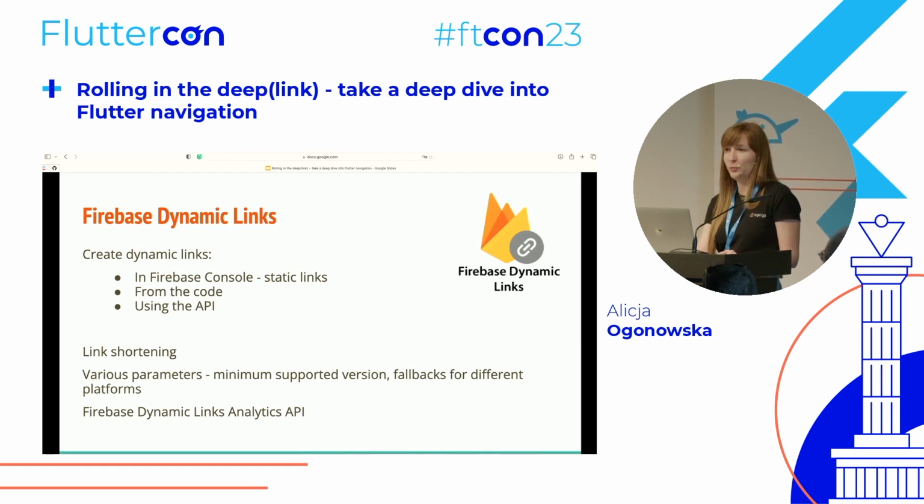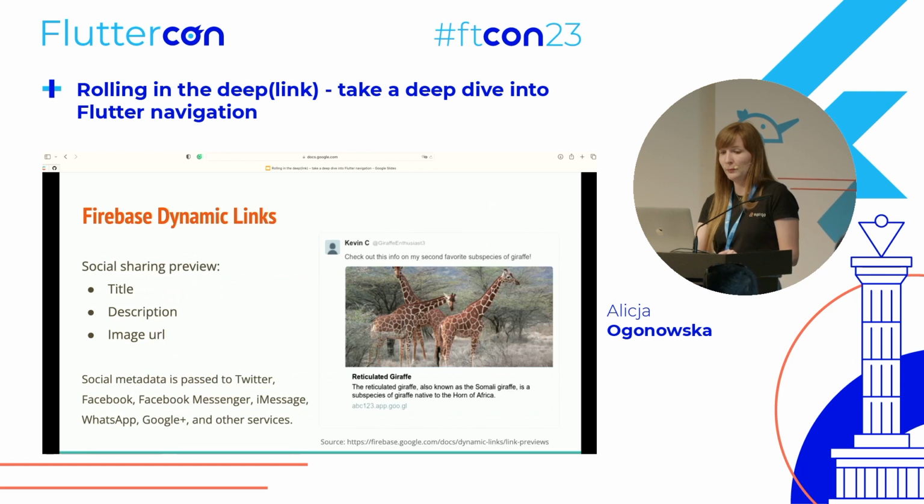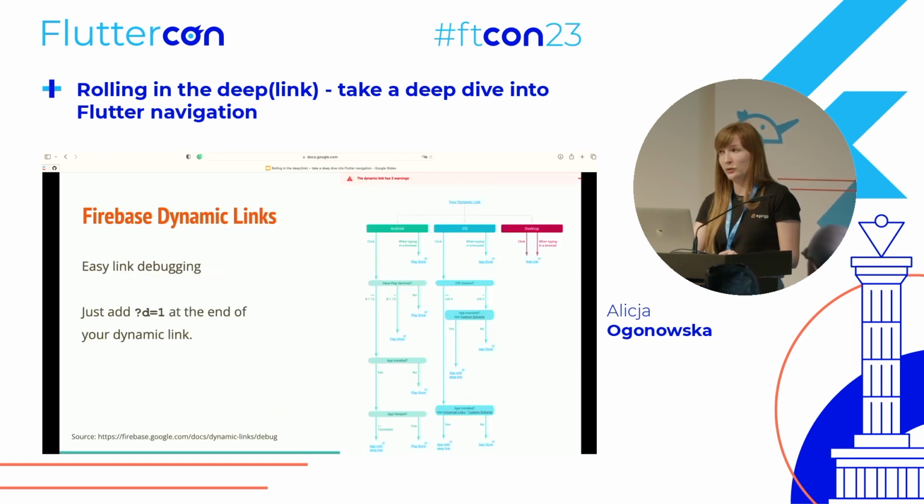That would be super helpful in the situation that I mentioned before, where you support a new type of path, but your app isn't ready yet. You can also define a social sharing preview, so you can make sure that once the user shares content from your app, it will be more appealing to other people. And you can also debug your links by extending the URL with the d=1 parameter.